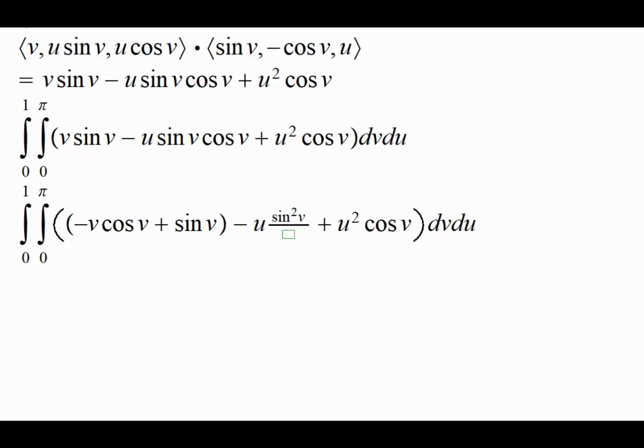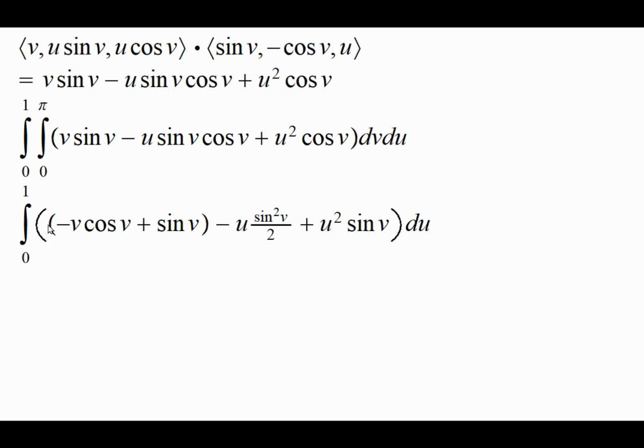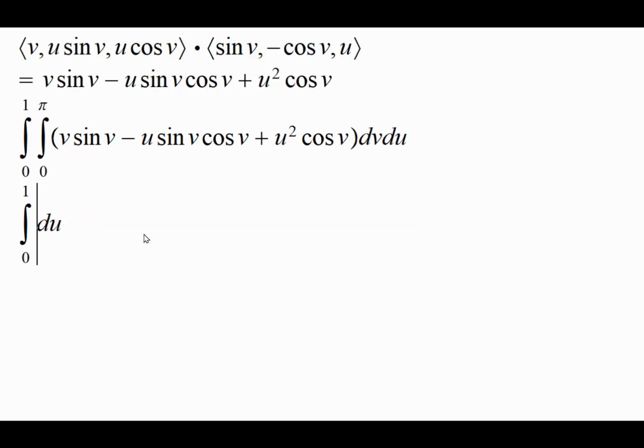So we got sine square v over 2 here, and antiderivative of cosine v is simply sine v. Okay, so then here we got this, and then this we will evaluate from 0 to pi.